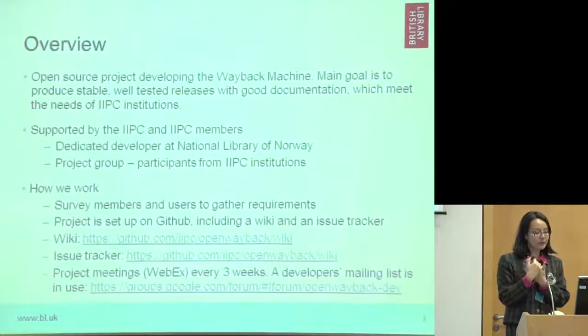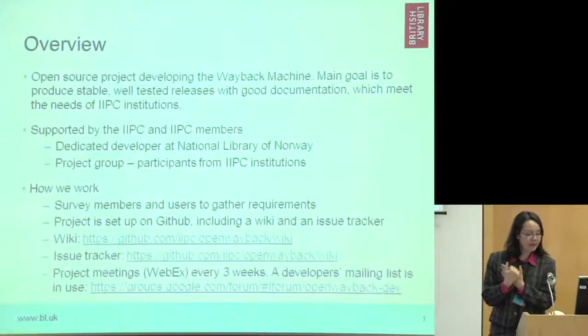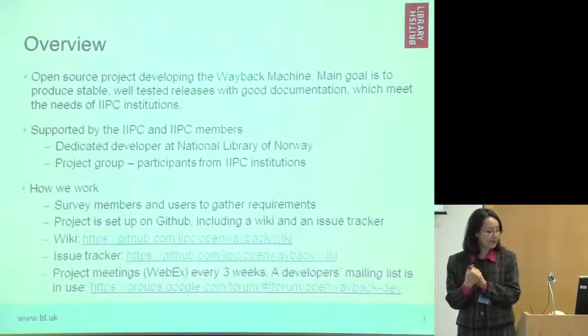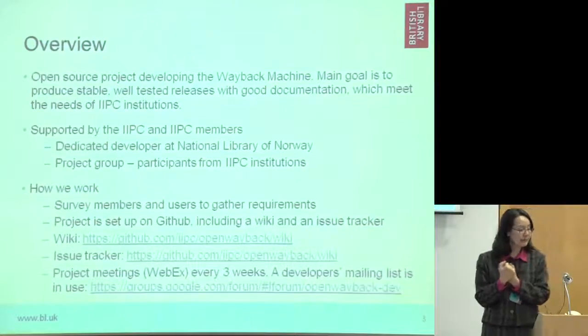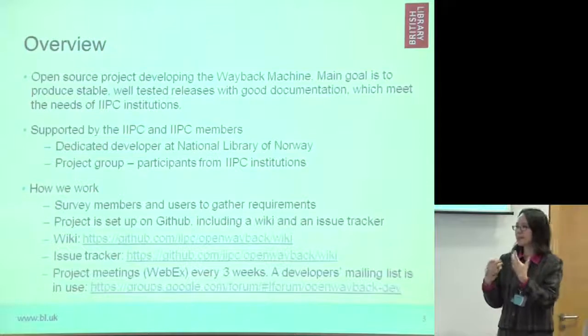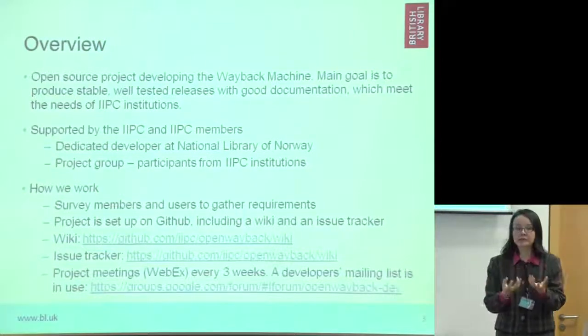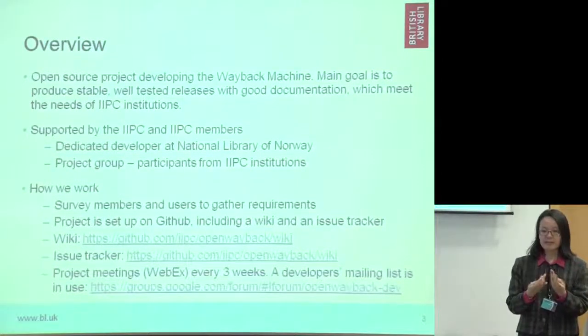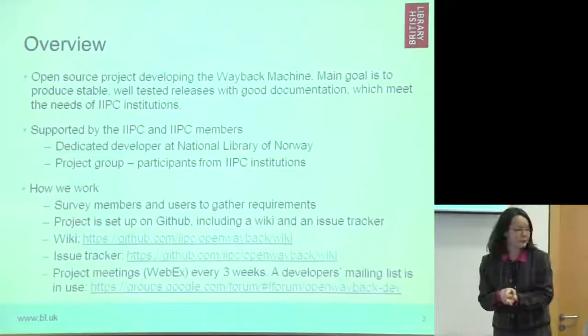There's also information on the IIPC website, and there's a developers mailing list, which is actually used more widely by people interested in the software, not necessarily taking part in the call, for example.